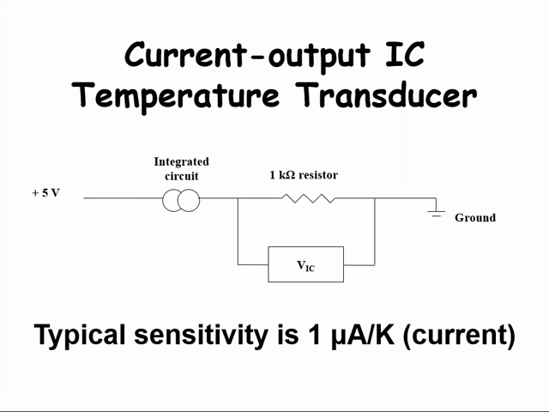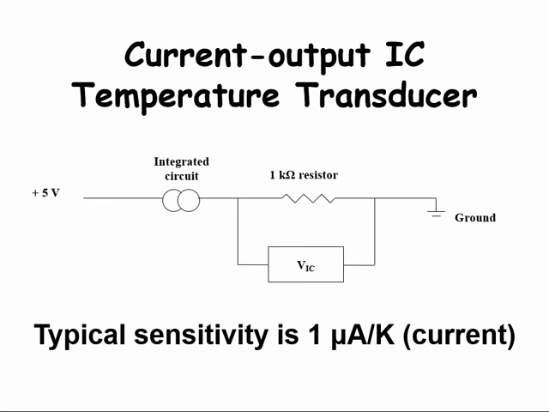This slide shows how the current output integrated circuit needs to be wired to be able to measure the voltage change. A current output integrated circuit adjusts the current flow as a function of temperature. If the sensitivity is 1 microamp per degree Kelvin, we would expect the sensor to send out 300 microamps of current when the temperature is 300 degrees Kelvin.